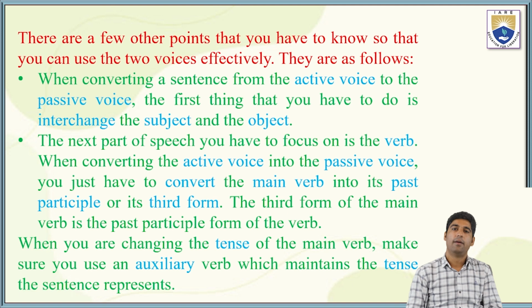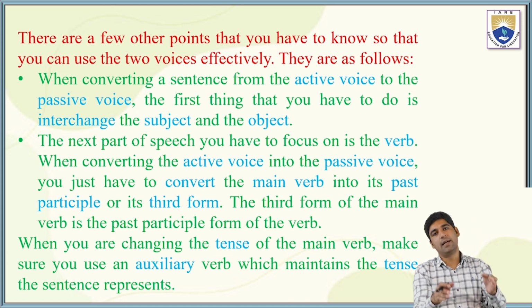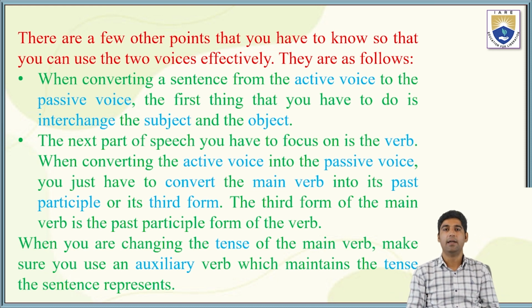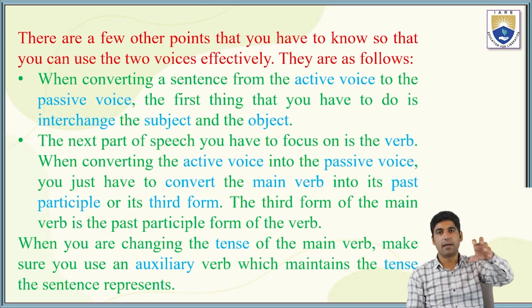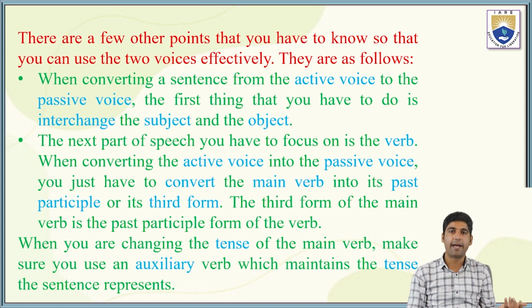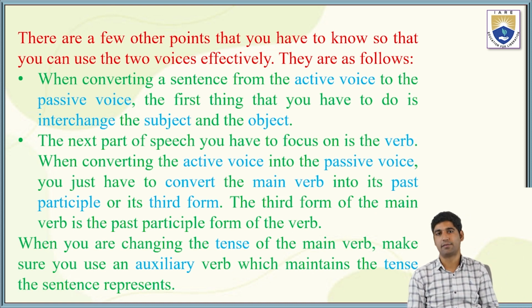Remember one thing, when you are going to change active into passive voice, you need to interchange the subject and object. The subject in the active sentence becomes object in the passive sentence. This first thing you need to keep in your mind. That is the interchange of subject and object. Your subject will become object in passive. If you are converting passive into active, your object in the passive will become subject in the active sentence.